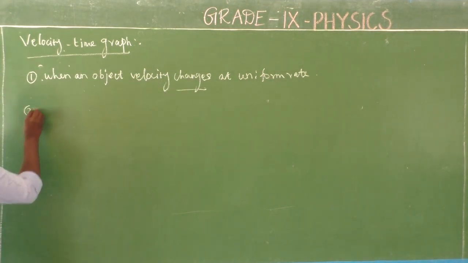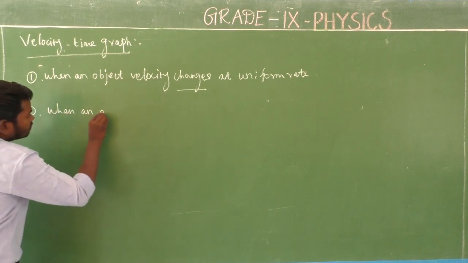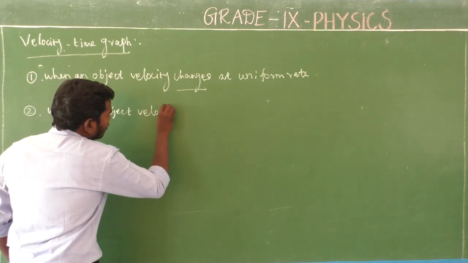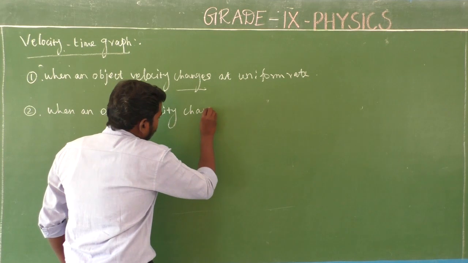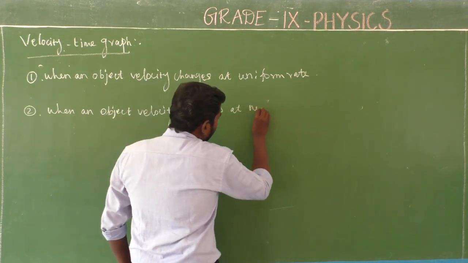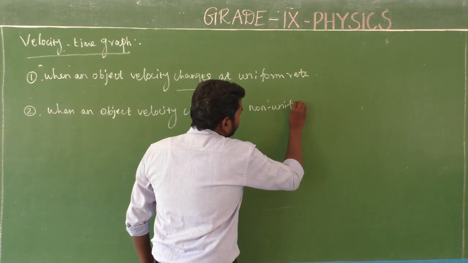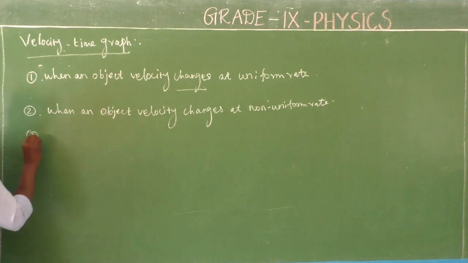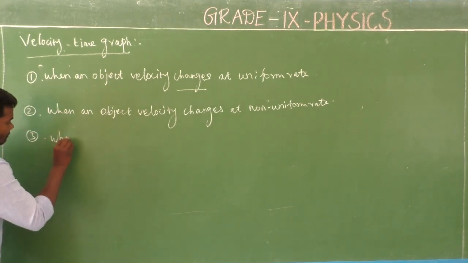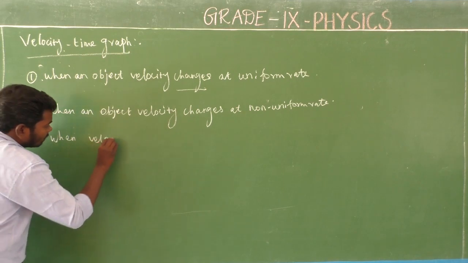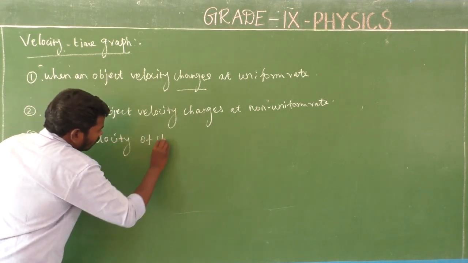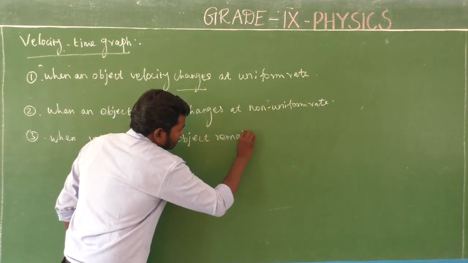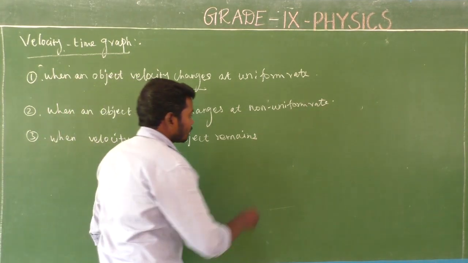And second one: when an object's velocity changes at non-uniform rate. And third one: when the velocity of the object remains constant.